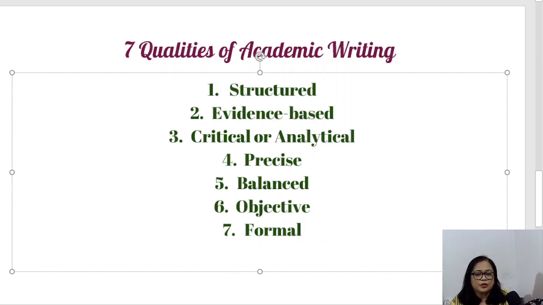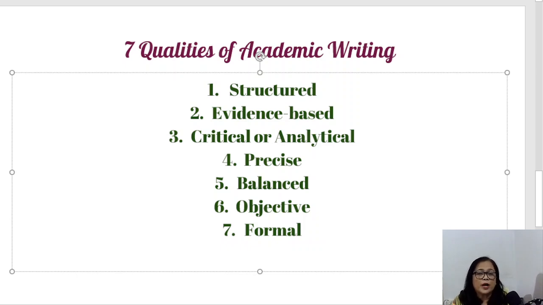So next is evidence-based. Evidence-based is, from the term itself, evidence. All the arguments, all the concepts and ideas that you will present in your academic paper should be supported by an event, previous events, statistics, or studies.